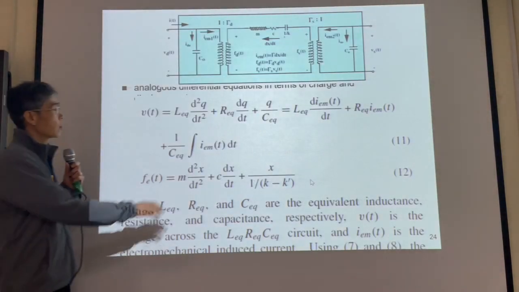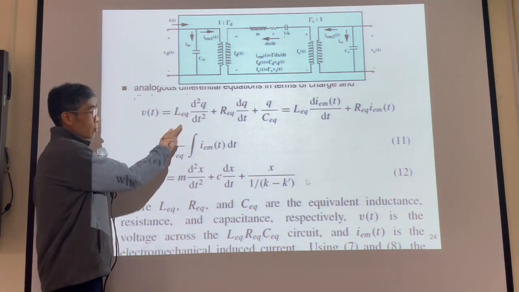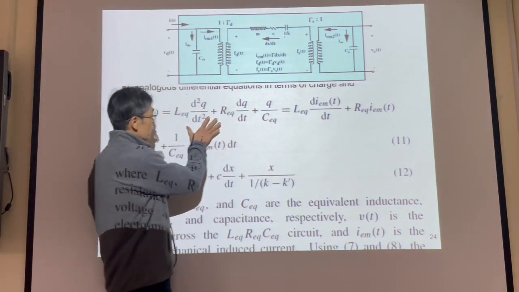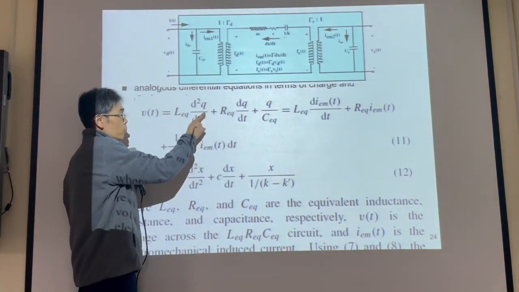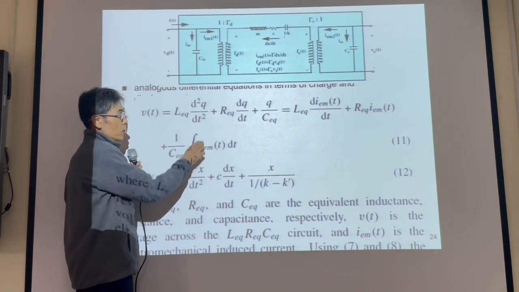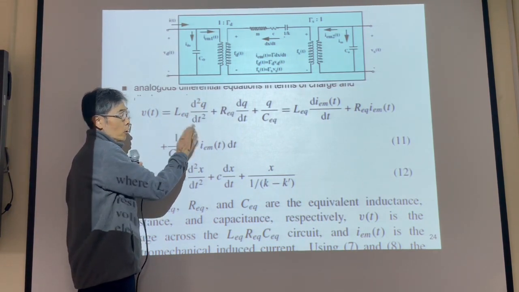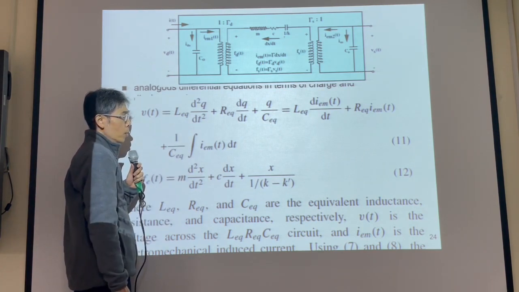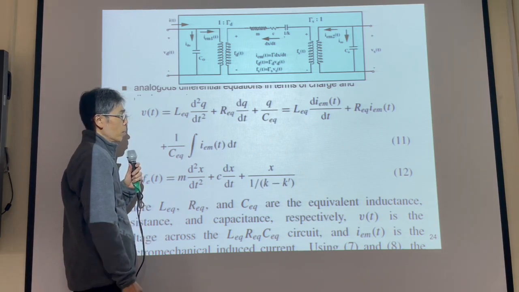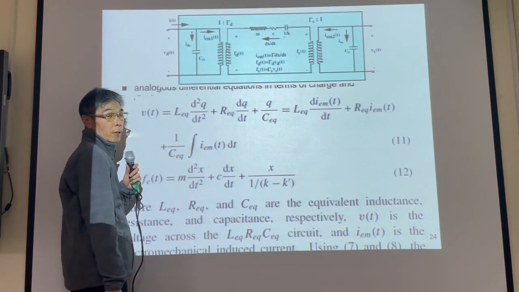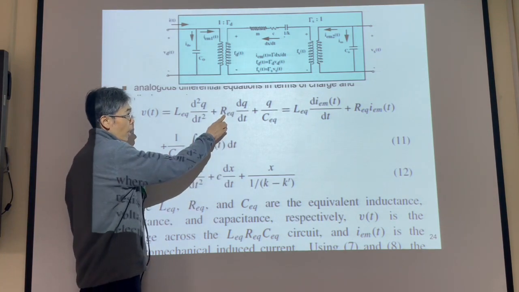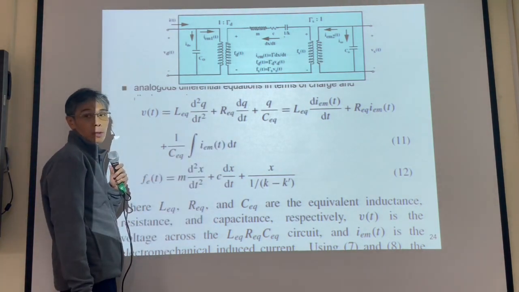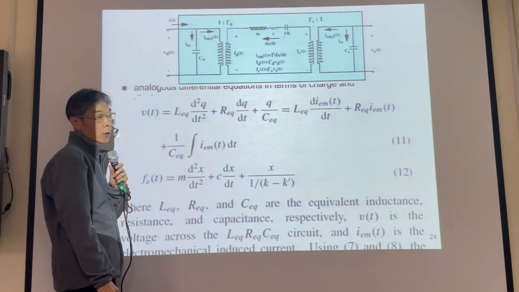Then we got this circuit, and this is the circuit equation. Let's look at this one. Q is the charge of this circuit, so dQ/dt is the current. So the second derivative of Q is di/dt. So L di/dt is the voltage drop of the inductor, and Ri is the voltage drop of the resistor.